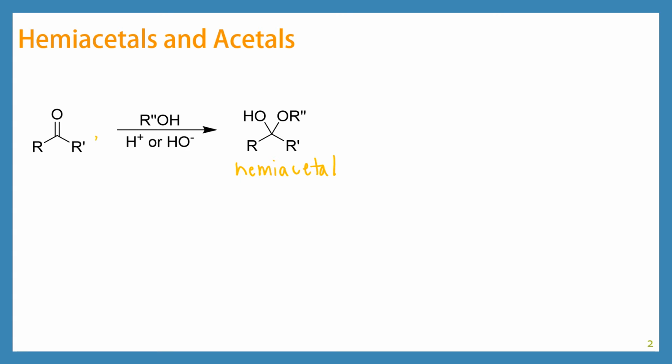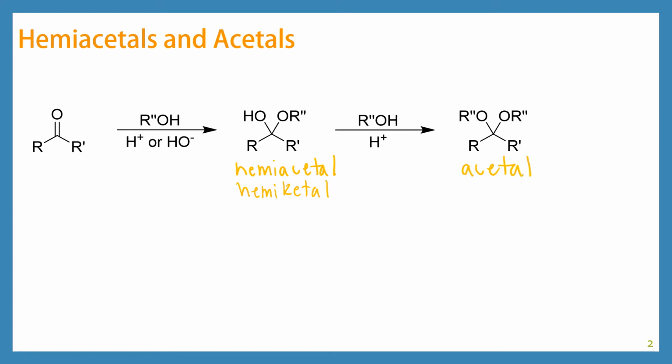Or since it comes from a ketone specifically, this can also be called a hemiketal, but you don't hear that nomenclature used as often. Now you can finish it up with one more equivalent of the alcohol, and you will get all the way to the acetal, which can also be called a ketal.